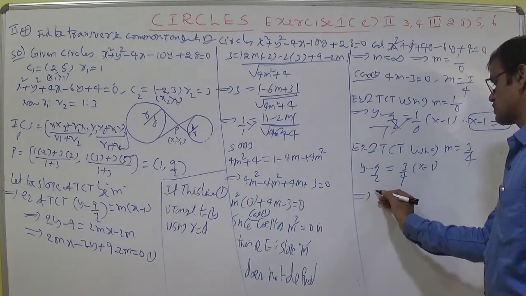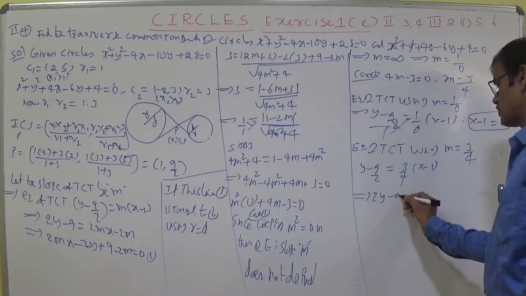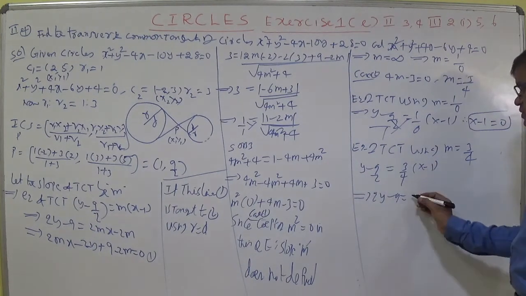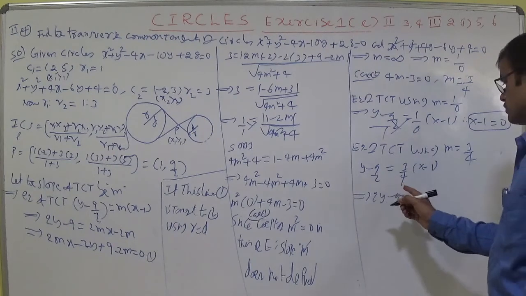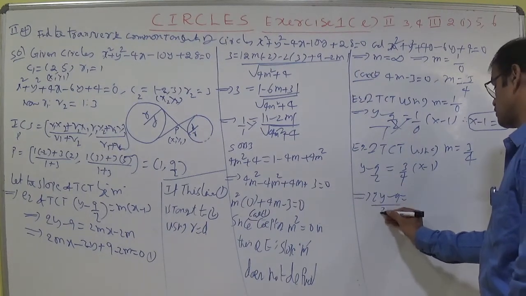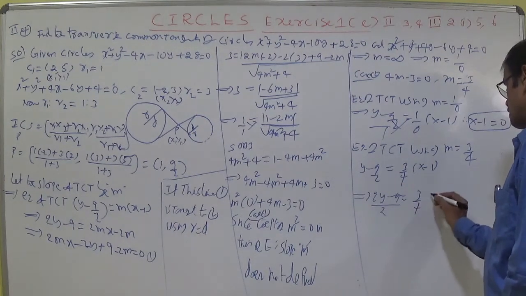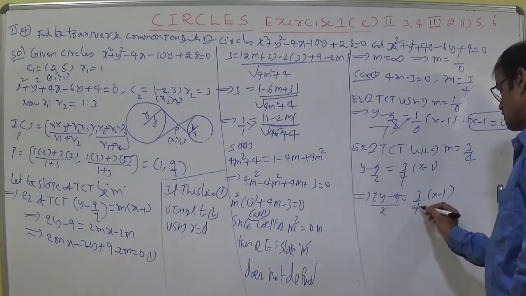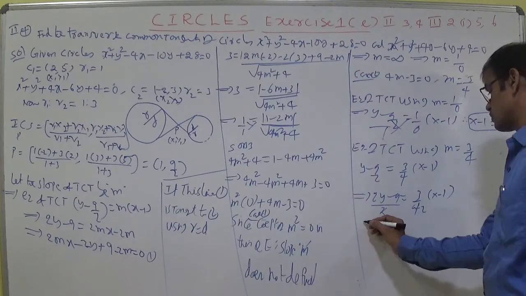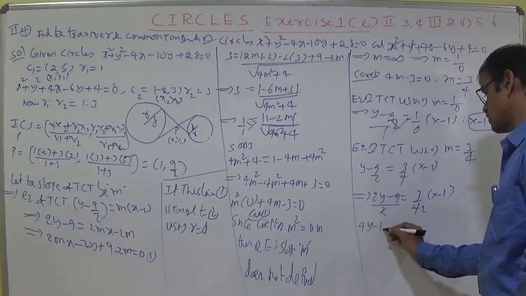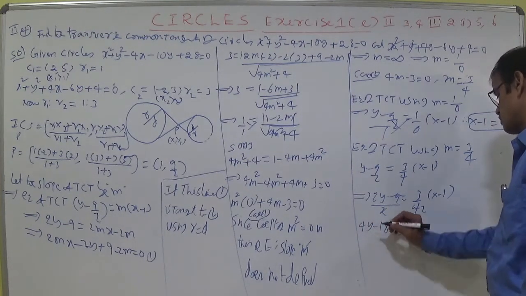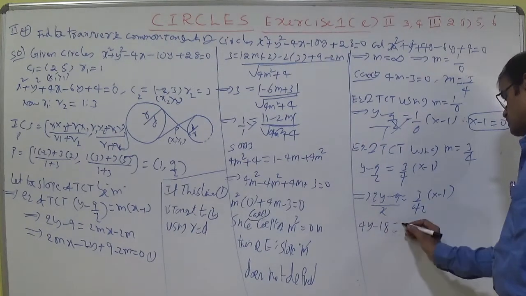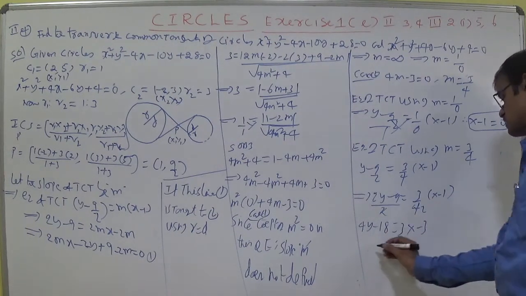That implies you can write here 2y minus 9 is equal to 3 by 4 into x minus 1. Taking cross multiplication like this, 2 fours are 8y minus 36... that is, 4y minus 18 equal to 3x minus 3.